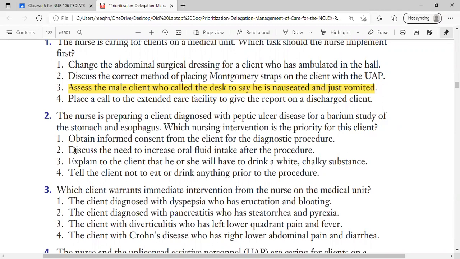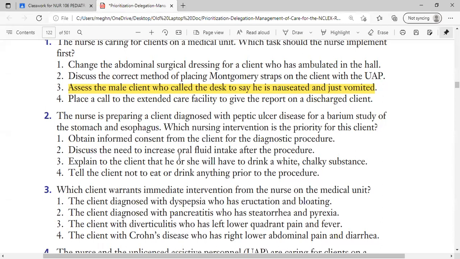Number two is not the answer because the barium can cause constipation after the procedure. Therefore, the client should increase fluid intake, but this is not the priority intervention.